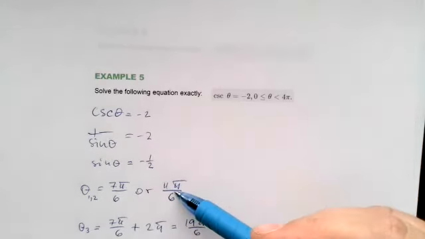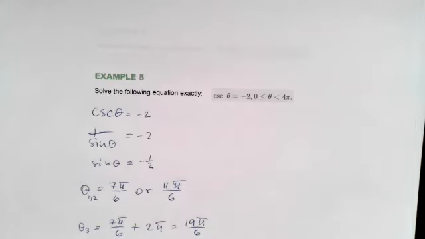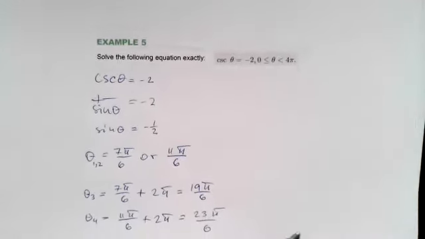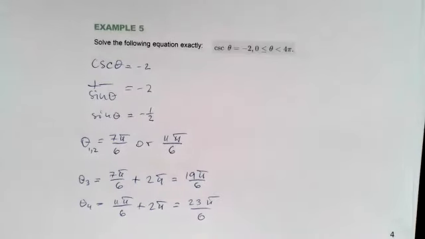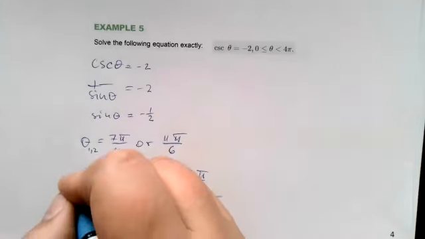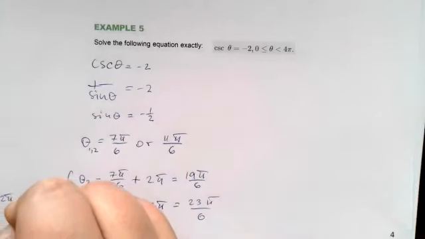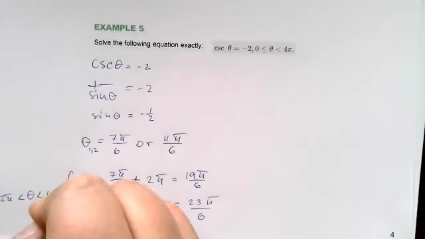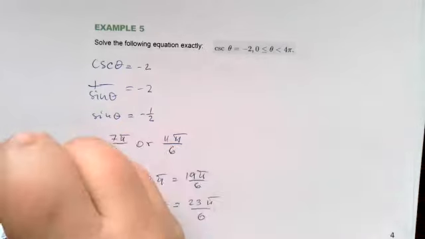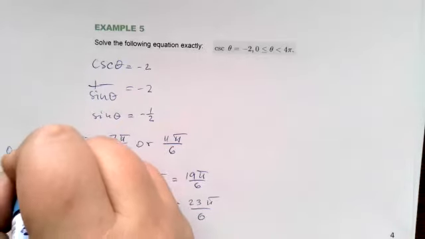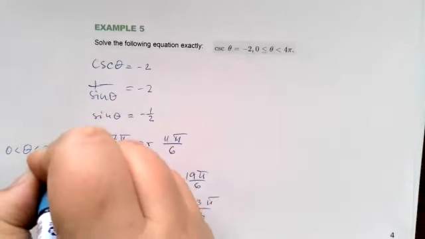So these two solutions are on our first circle around, and solutions 3 and 4 are in the second circle around. So these two are between 2 pi and 4 pi, and the first two are between 0 and 2 pi.